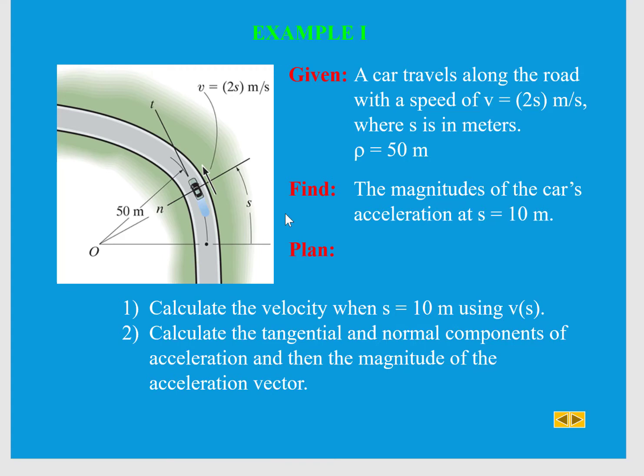Let's take this example. We have a car traveling along the road with a velocity equal to 2s meters per second, where s is in meters, and s is measured from this location up until where it is right now. Given that the radius of curvature is 50, because it's partially a circle, we want to find the magnitude of the car's acceleration when it has traveled 10 meters, s equal to 10 meters.